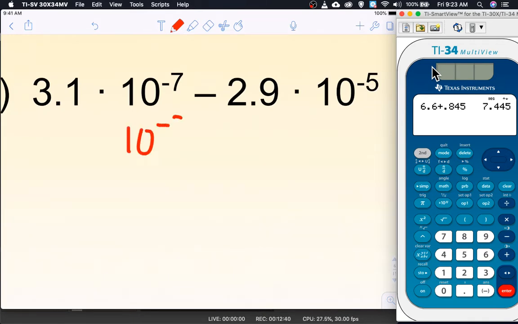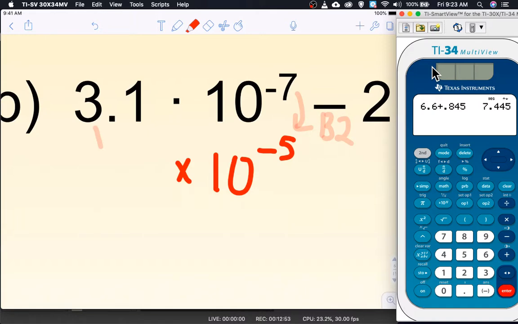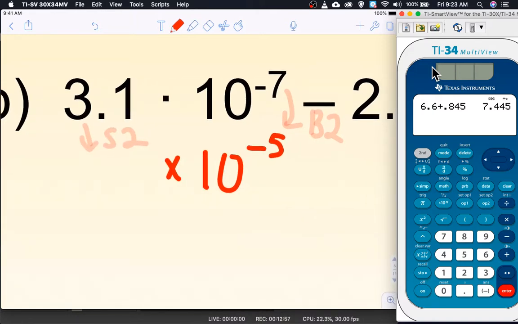So I'm going to make this become a 10 to the negative 5th. Now, in order for that to happen, my decimal piece is going to get smaller by 2. 0.031.